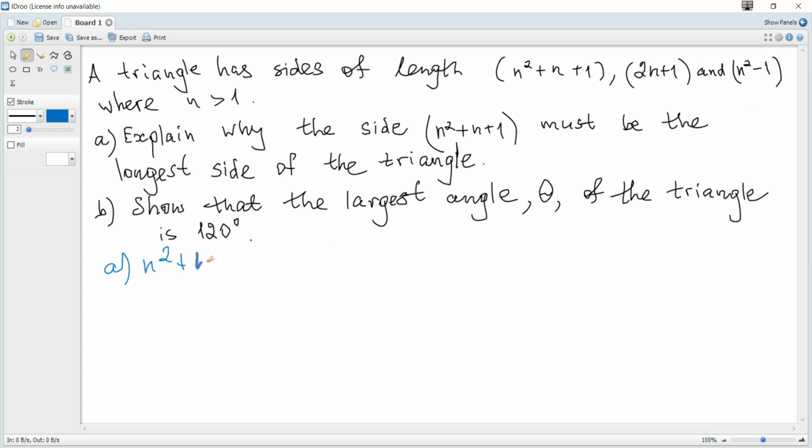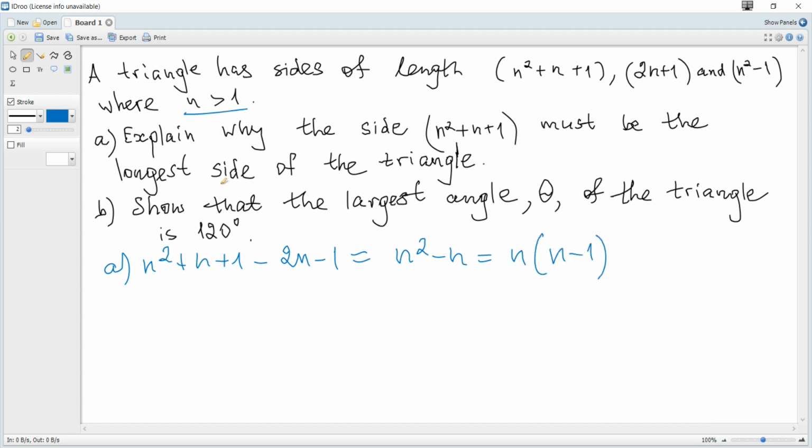So n squared plus n plus 1 minus 2n minus 1, and 1 cancels, and it becomes n squared minus n, which is n times n minus 1.